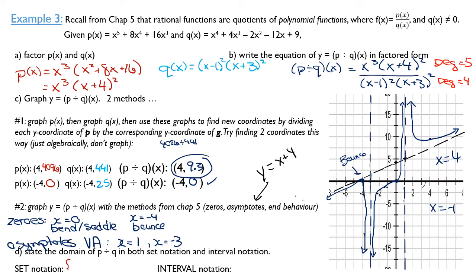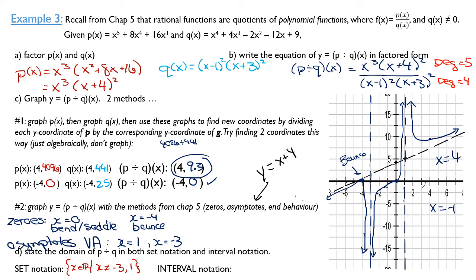Set notation is the curly brackets. X is, of course, an element of real numbers such that, for sure, such that. What are the restrictions on X? Well, those are our vertical asymptotes. X cannot equal, in order, negative 3 or 1.